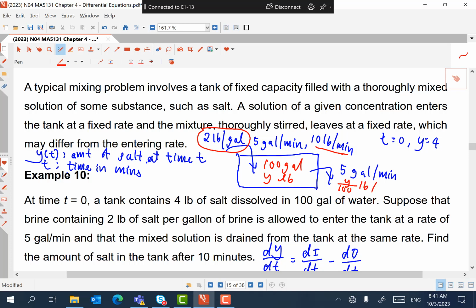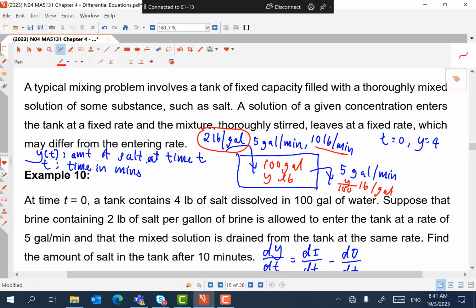When I write down this concentration, there's a catch: we have to imagine that this concentration is spread uniformly throughout the whole tank. In actual engineering work in industry, they probably have a stirrer that keeps on stirring the solution so that the concentration is assumed to be uniform throughout.